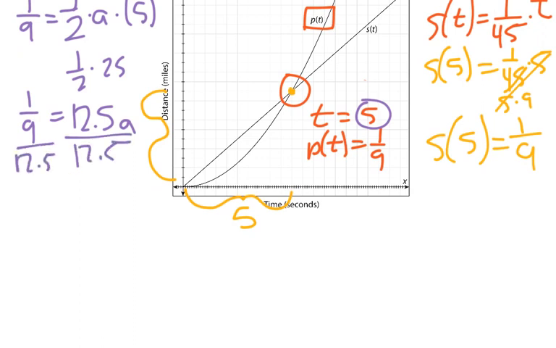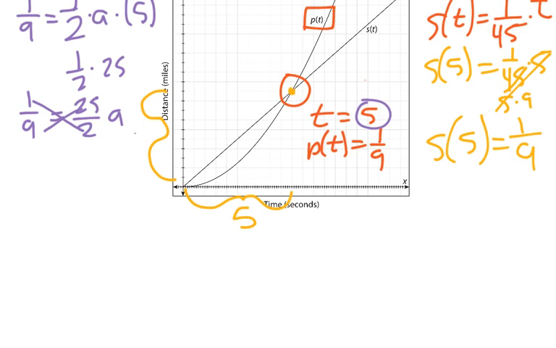So I'd go 1/9 divided by 12.5. And that would give me a very small decimal. So maybe we want to figure this out with fractions, since we've been doing everything else with fractions. So if we went 25/2 times a, then we could cross multiply.